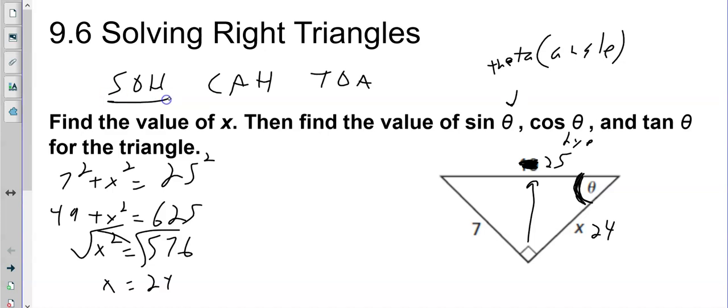So sine is opposite over hypotenuse. From this angle, the opposite is way over here, 7, and my hypotenuse is clearly 25. So remember, anywhere we have h, we're going to be putting 25. Now O and A depend on where we're looking from, but hypotenuse is constant. It's always the same place.